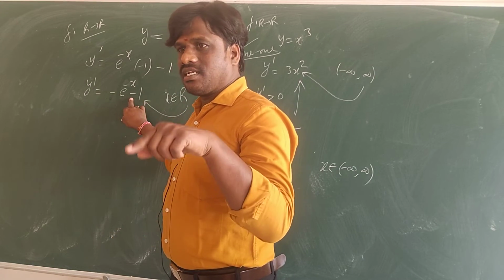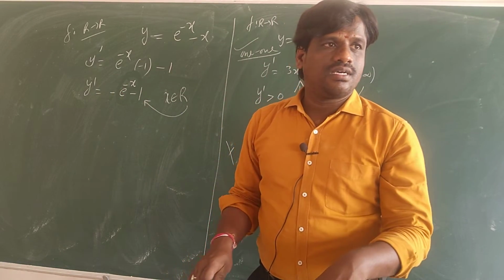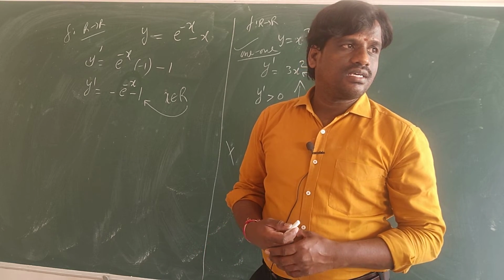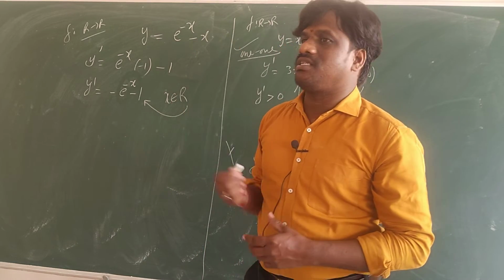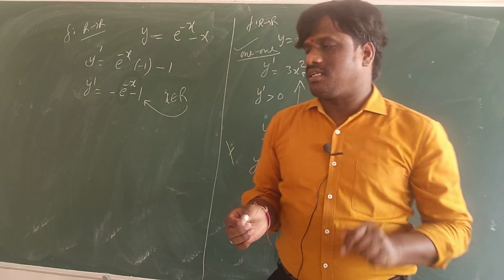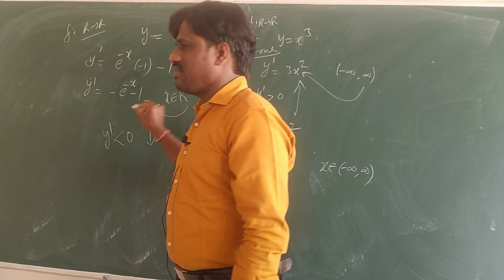And minus is there, negative. The whole thing entirely is negative. Completely negative means this function is which function? 1-1 function. Understand? y dash is less than 0, so it is a 1-1 function.